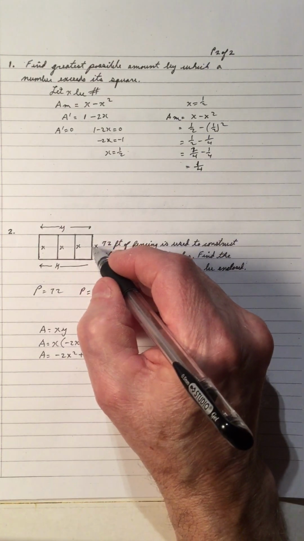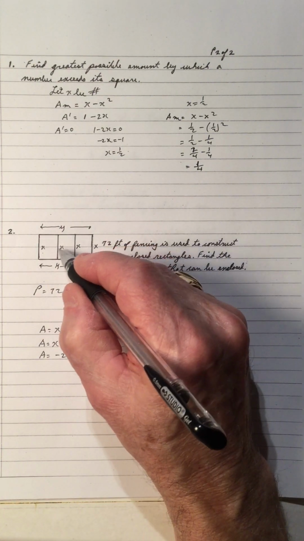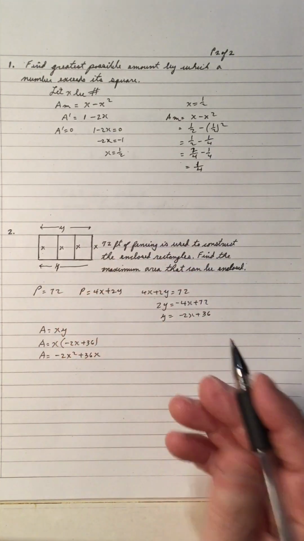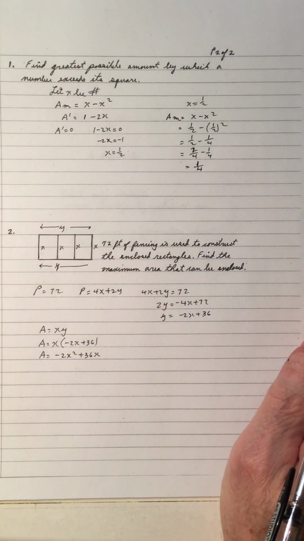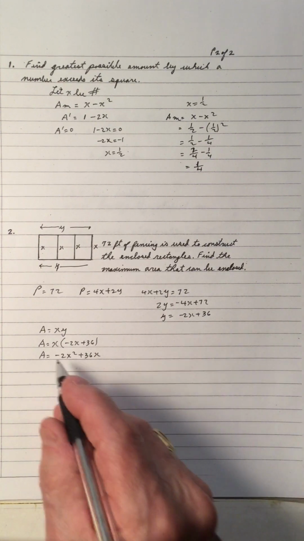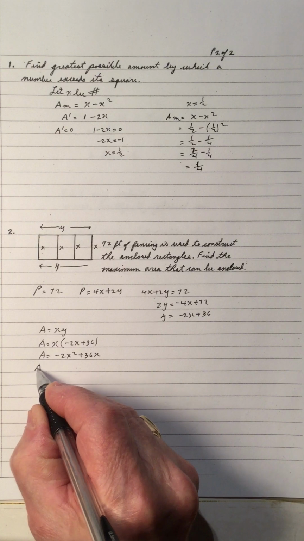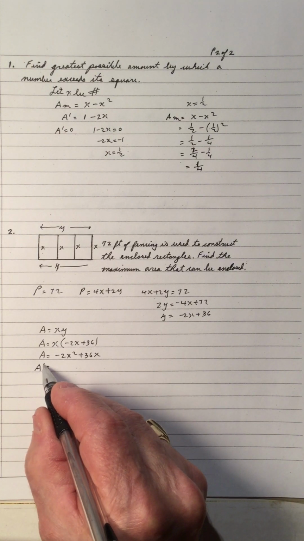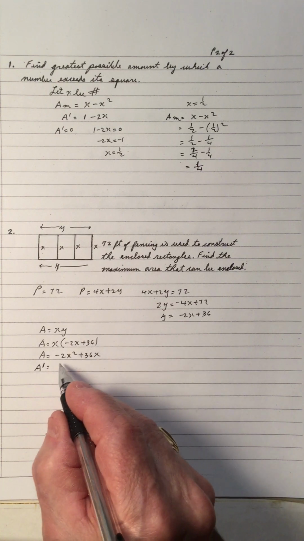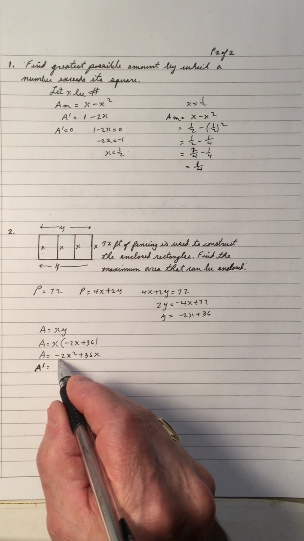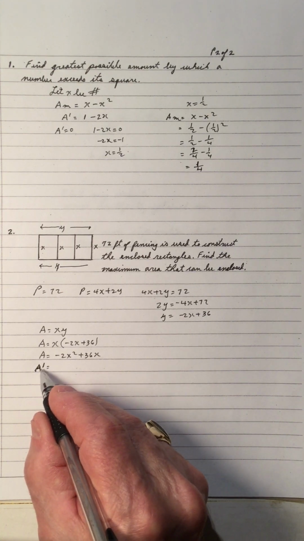Notice we're using x's and y's here. We could use w and length, get the area in terms of the width w, and work it out the same way. But a lot of these problems like to use x all the time. So we take the derivative of the area, A prime, in terms of x.